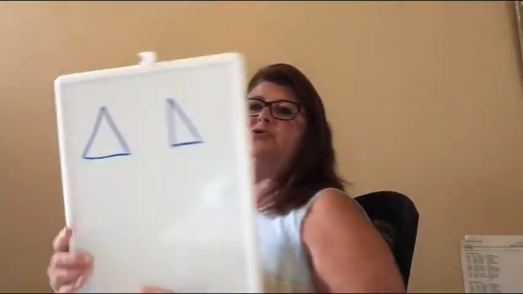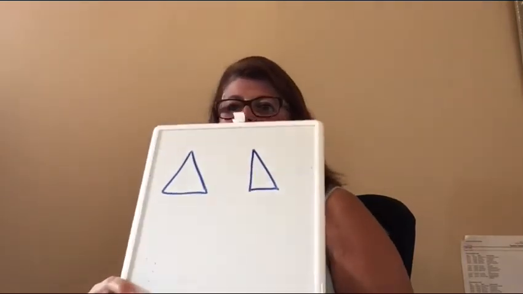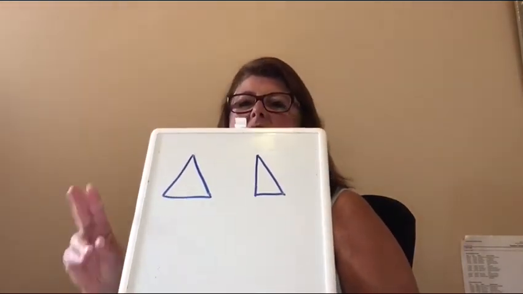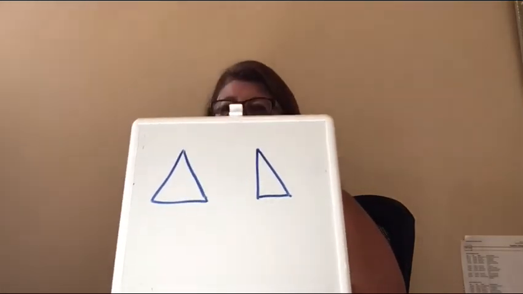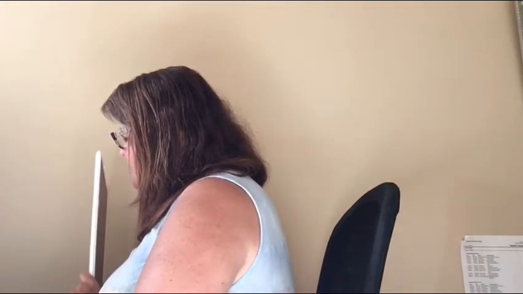Different lengths, but same number of sides. So, the description of both triangles is the same. They are two polygons with three sides. They're both triangles. They both have three sides, three angles, three vertices. What's different about them is the lengths.